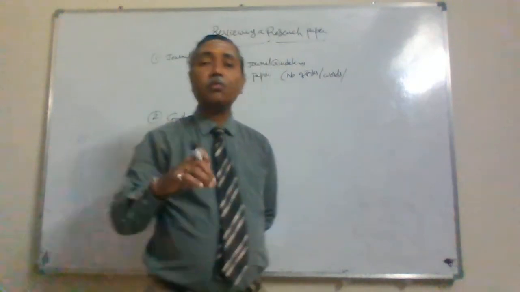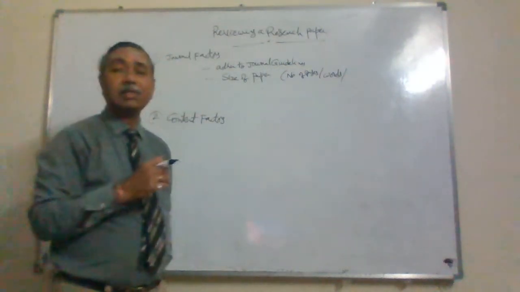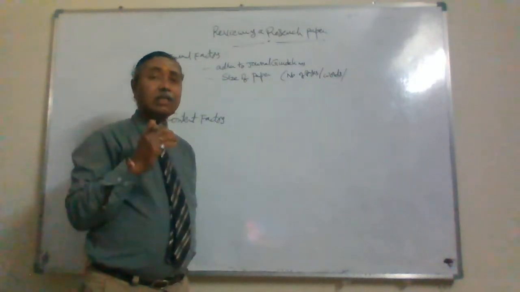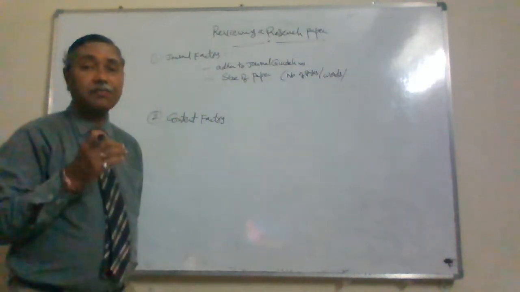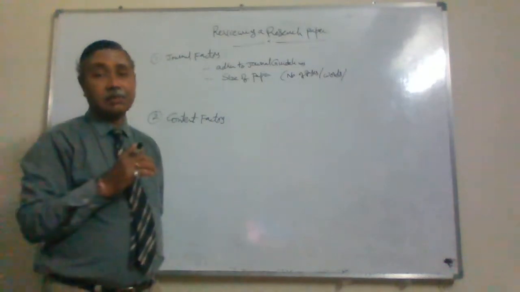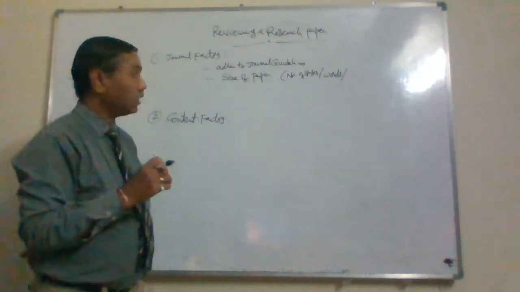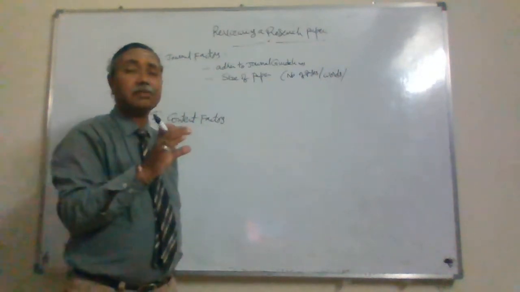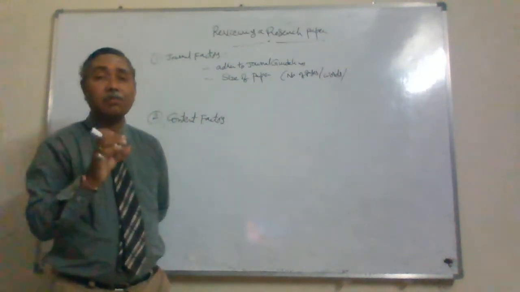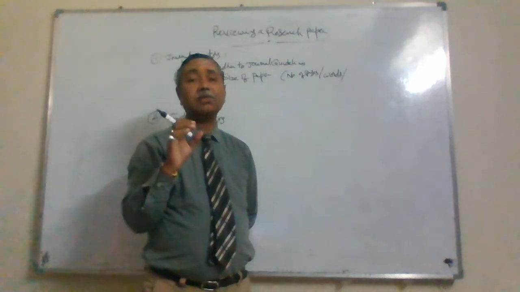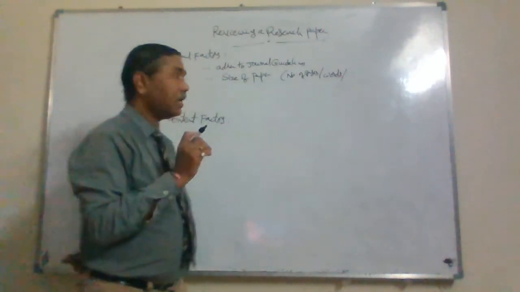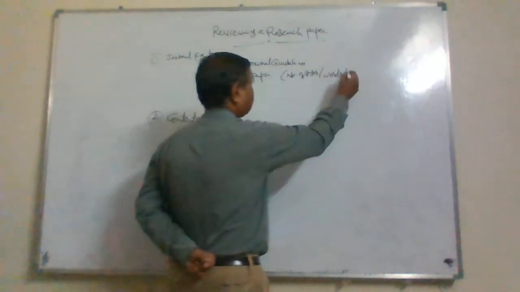Some won't keep a maximum limit at all. In exceptional cases, they may even consider 20 or 30 page papers. Usually they specify a maximum number of pages or words, something like a maximum of 8,000 words. They will give you a guideline. That is number one, the size of the paper.